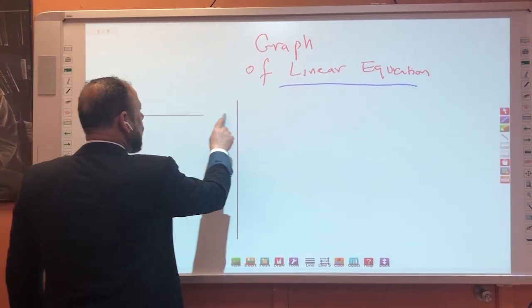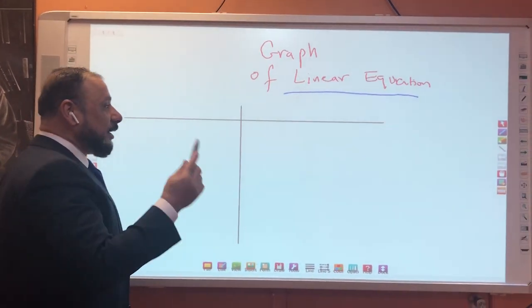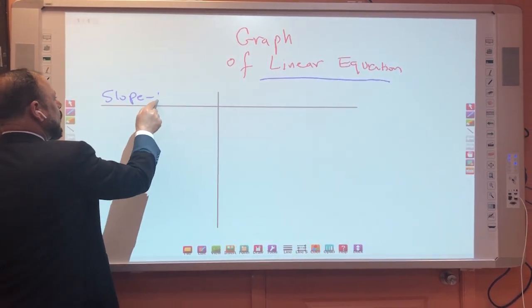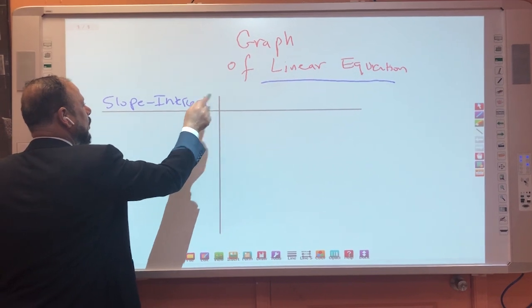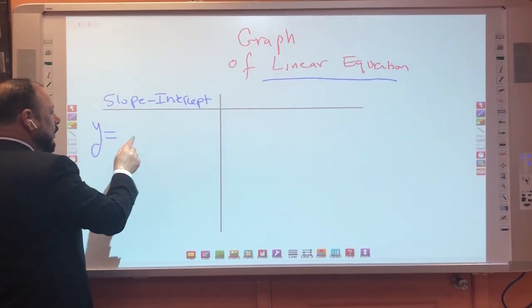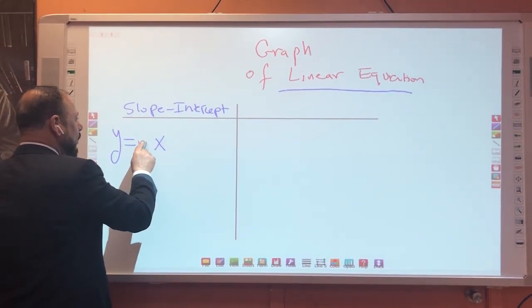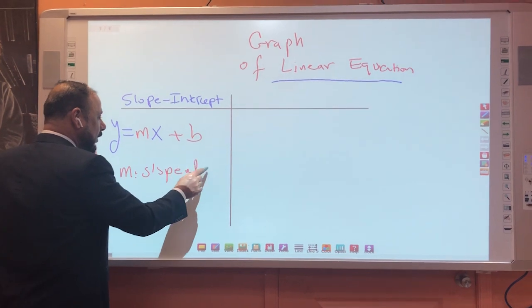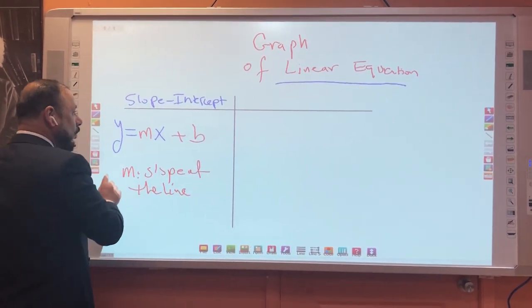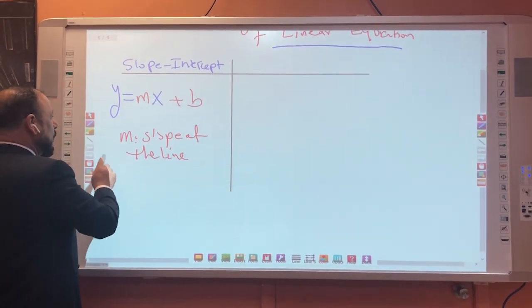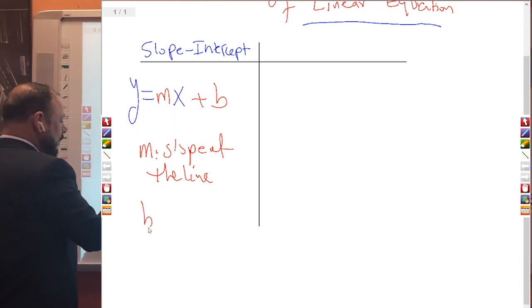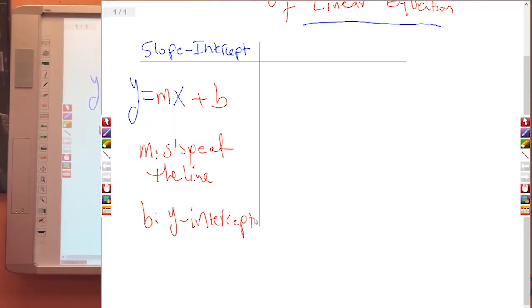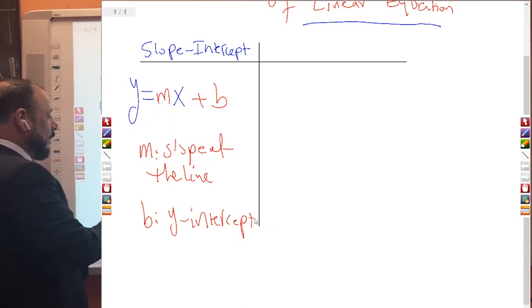The first form is the slope-intercept form, which is y equals mx plus b, where m is the slope of the line and b is the y-intercept.